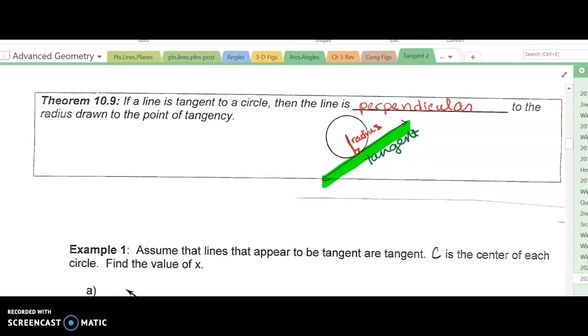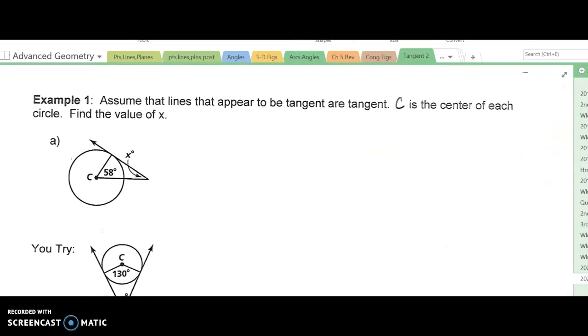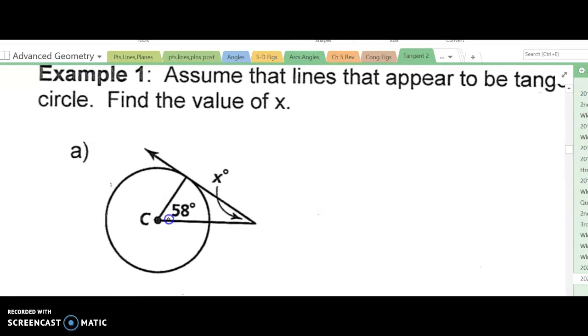Okay, so let's look at example number 1. It says assume that the lines that appear to be tangent really are only touching the circle in one place. They really are tangent, and C is the center of the circle. Find the value of x. I'm noticing I've got 58 degrees as a central angle, and I've got x over here as this angle.